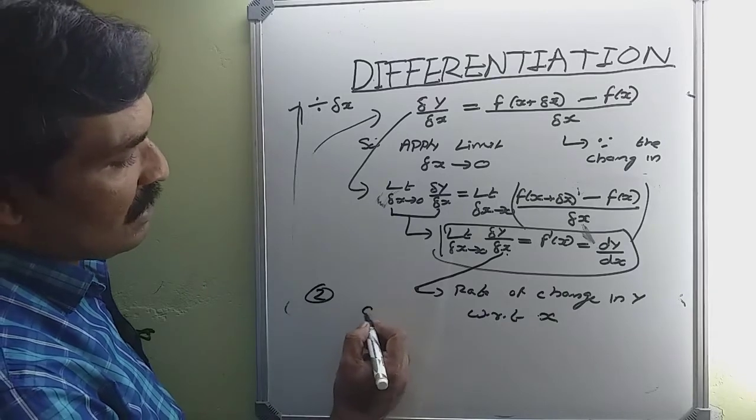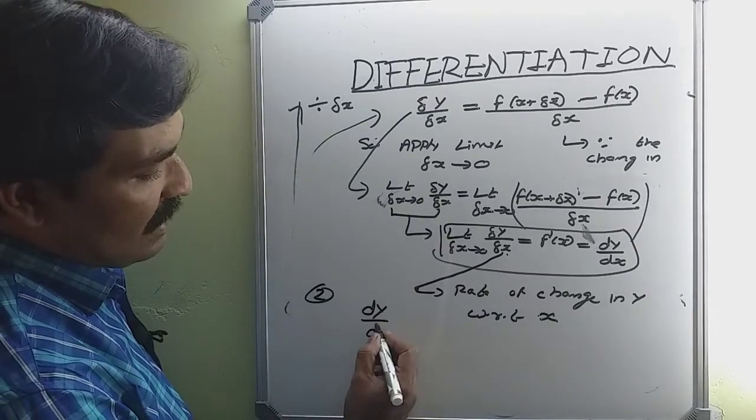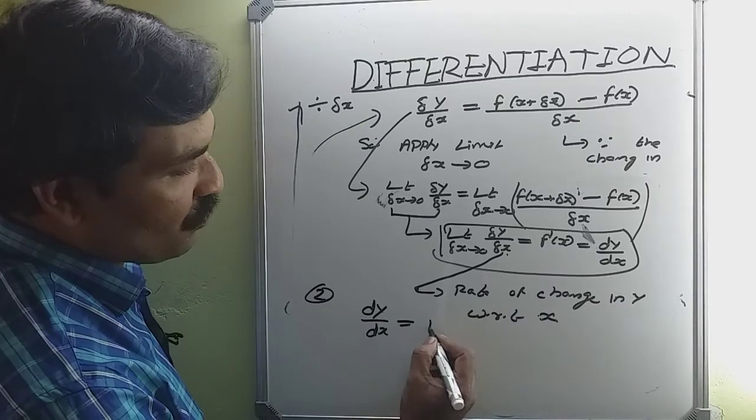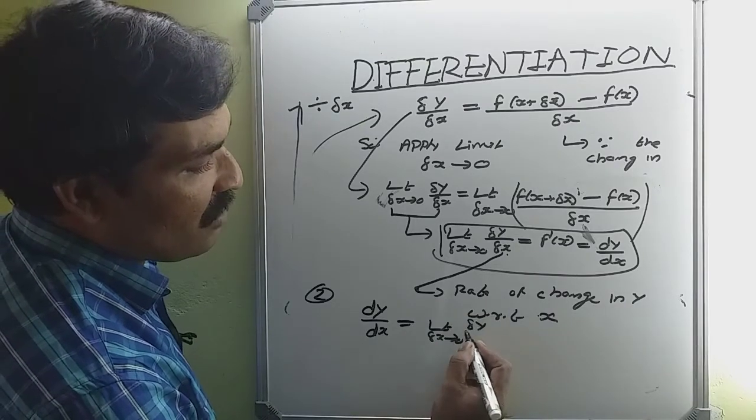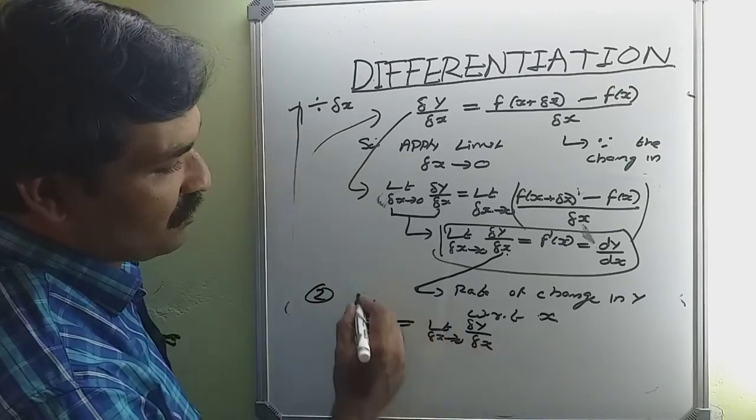That means dy by dx is equal to limit del x tends to 0 del y by del x.